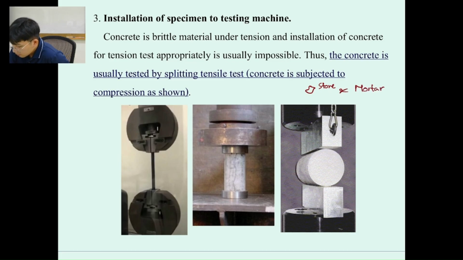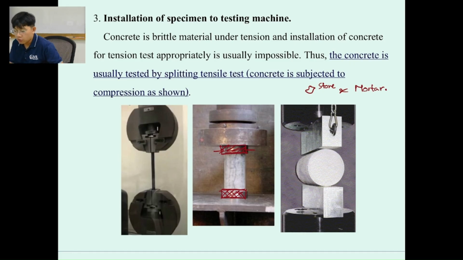If you grip it top and bottom, since the tensile strength of the concrete is only about 5 to 10% of the compressive strength, the force acting on the concrete is going to break the head of the concrete specimen. So that's why we cannot grip it.